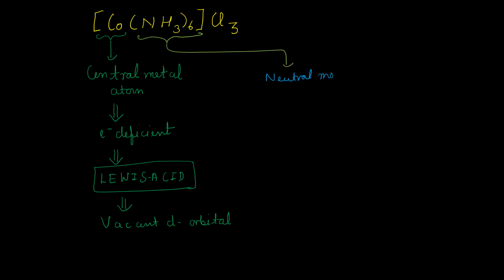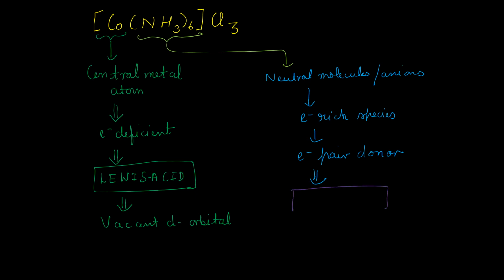Neutral molecules or anions. But the neutral molecule must have a lone pair on it. So they are basically electron rich species. And since they are electron rich species, they have a lone pair, so they are electron pair donors. And you all know electron pair donors are said to be Lewis bases. So these are Lewis bases.